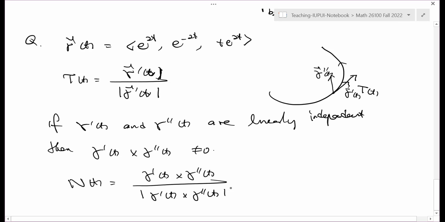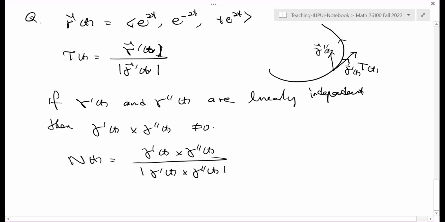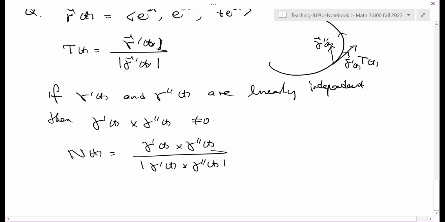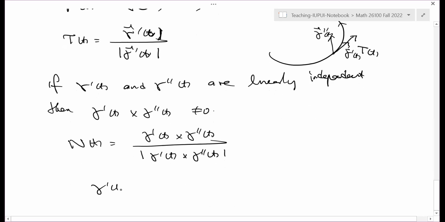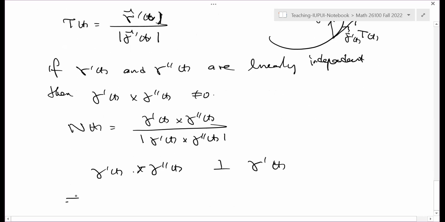Now, what is the property of those two vectors? N t is perpendicular to T, because this cross product is perpendicular to gamma prime. This implies their ratio, this N t, will be perpendicular to the unit tangent vector.